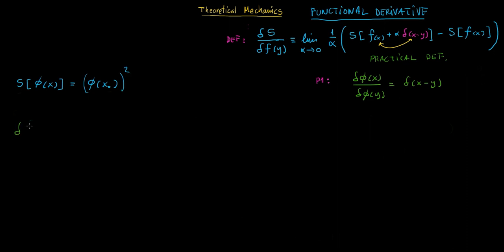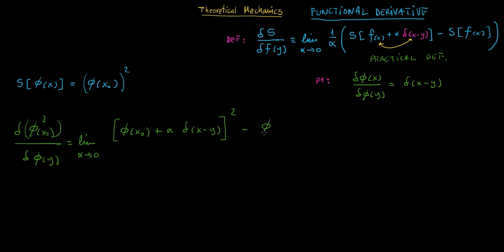The functional derivative of phi of x0 squared with respect to phi of y is the limit when alpha goes to 0 of phi of x0 plus alpha delta of x minus y, squared, minus phi of x0 squared, divided by alpha.